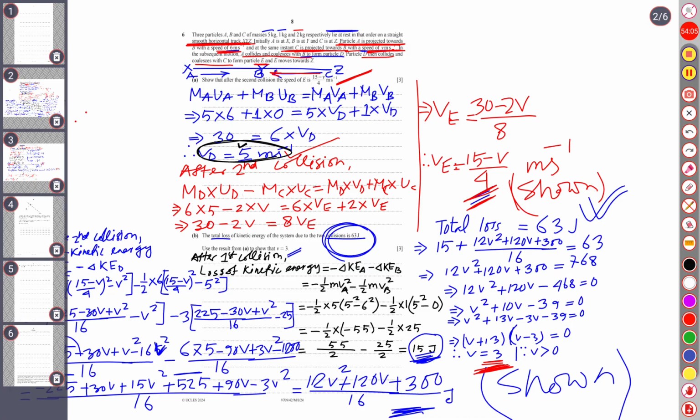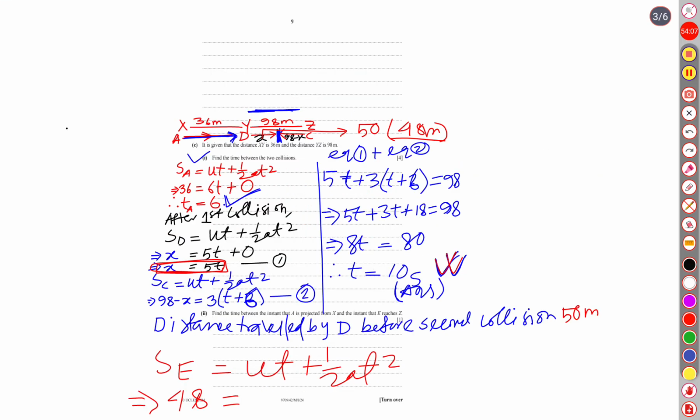So the velocity of E was 3. It was 3t plus 0, as there is no resistance force and it was projected on a smooth surface. Hence t is equal to 48 divided by 3, that is 16 seconds.